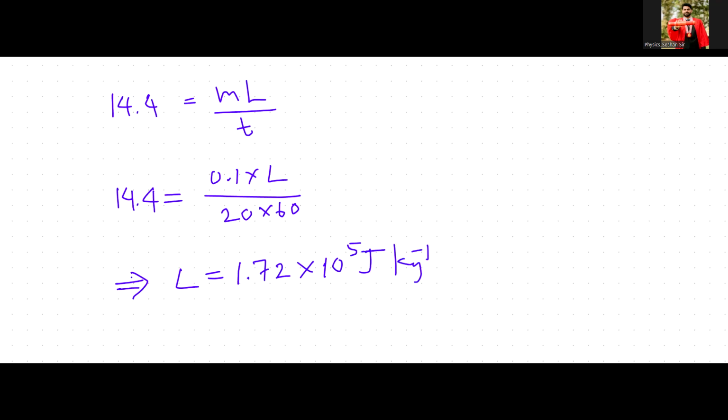This is in joules per kilogram. So 1.728 into 10 to the 5, I put 1.72, or we can say that it is just 1.73 into 10 to the 5 joules per kilogram.